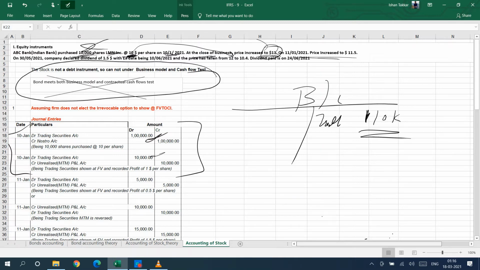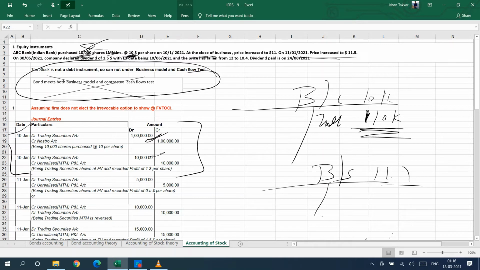On the next day, the price increased again. On 10th January, you're showing it at 110K. So how will you show it in the balance sheet of 11th January? When the price increased from 11 to 11.5, you will show it at 115K. You always have to show it at fair value.